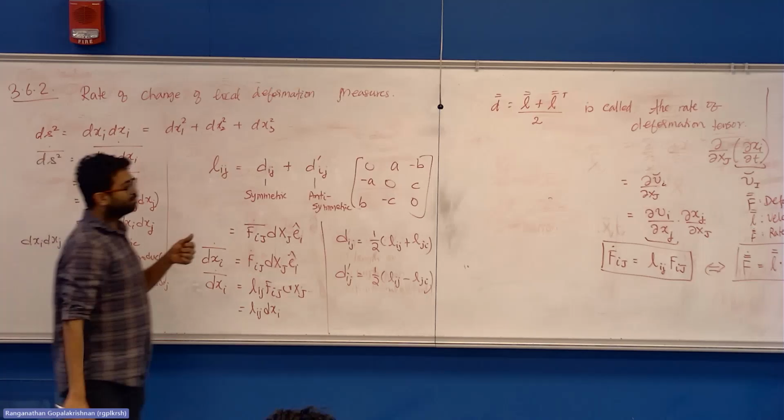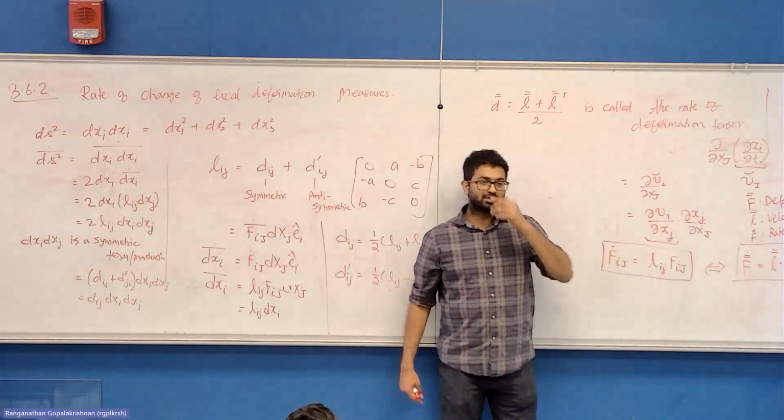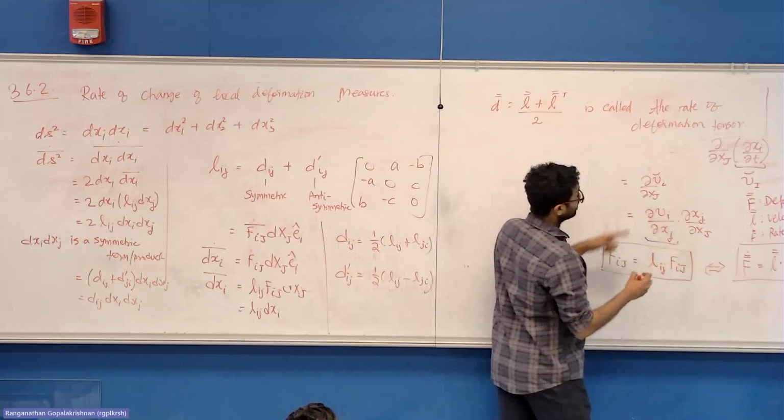where does L come from? The velocity gradient. The velocity gradient is right here.